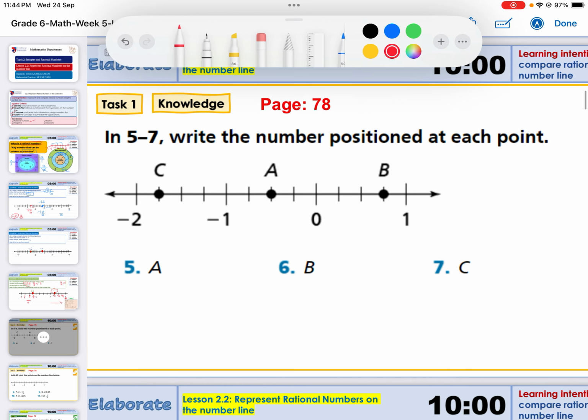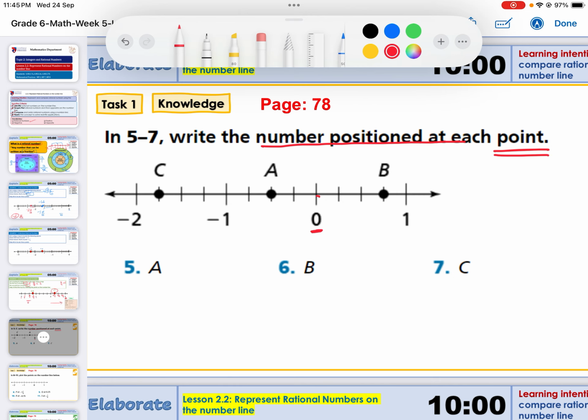Okay, so this is a question from the book. They're asking you to write the number positioned at each point. So let's start with point A. Obviously point A, you're going to have to start counting from 0. But before I do this, listen up. You need to look at the whole numbers.